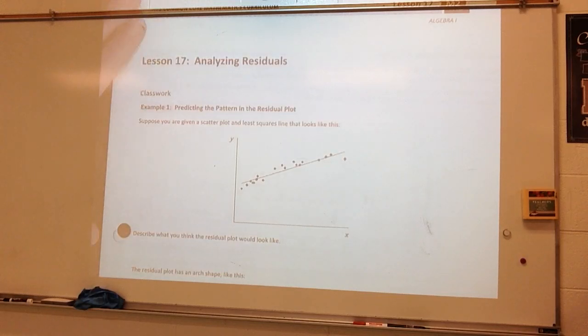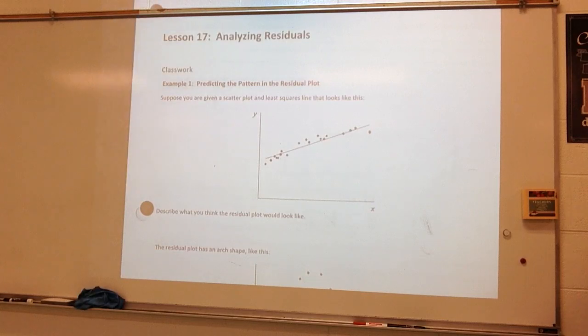Alright, so let's go ahead and look at this first question. It says, predicting the pattern in a residual plot. Suppose you are given a scatter plot and least squares line that looks like this. Describe what you think the residual plot will look like. Look carefully at this scatter plot.